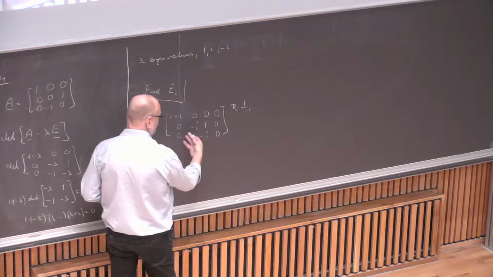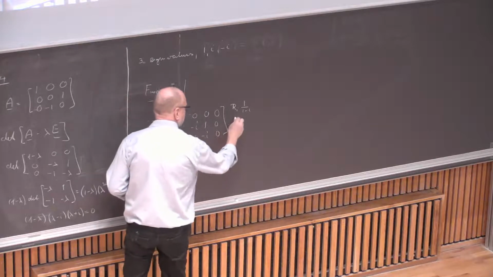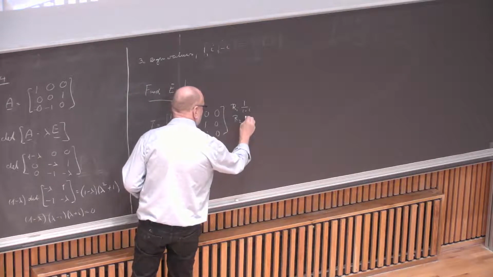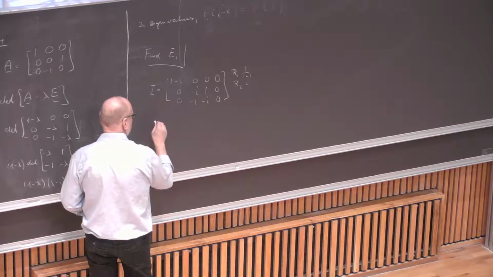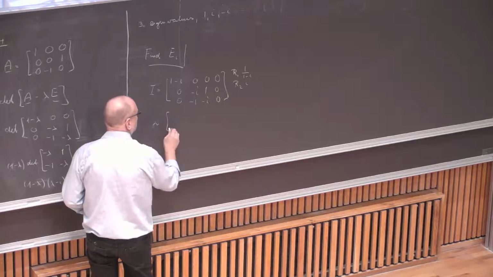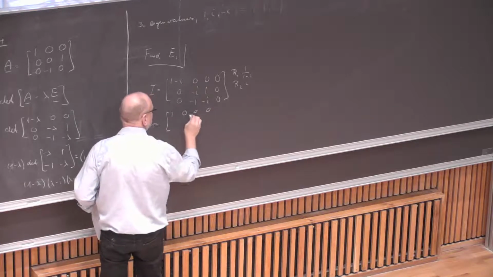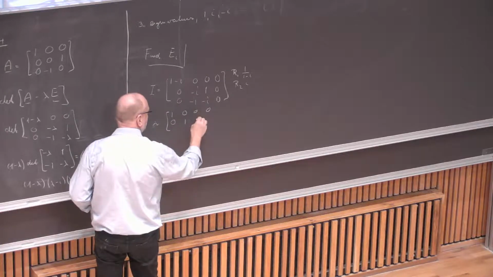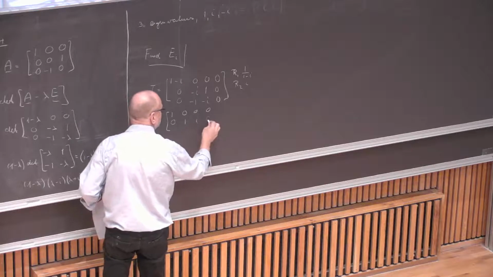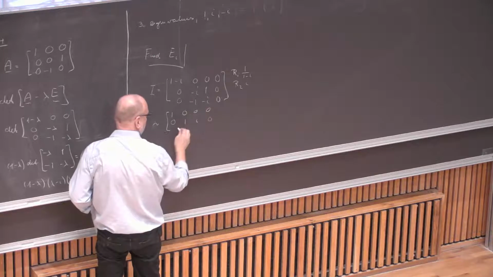And then I multiply this row here by i. And then I get that this is equivalent to 1, 0, 0, 0, then 0 here, and then 1, i, 0.